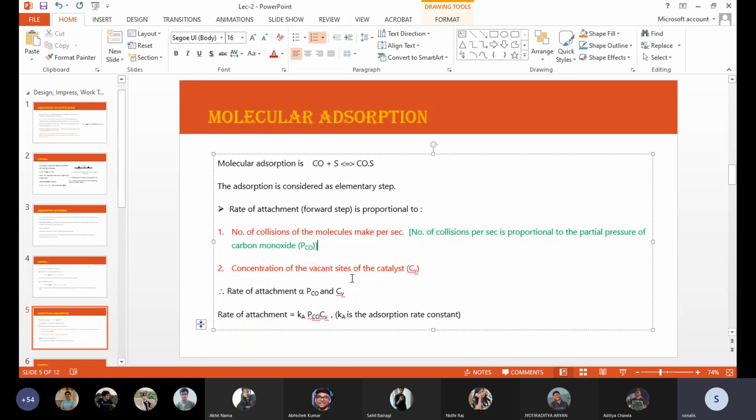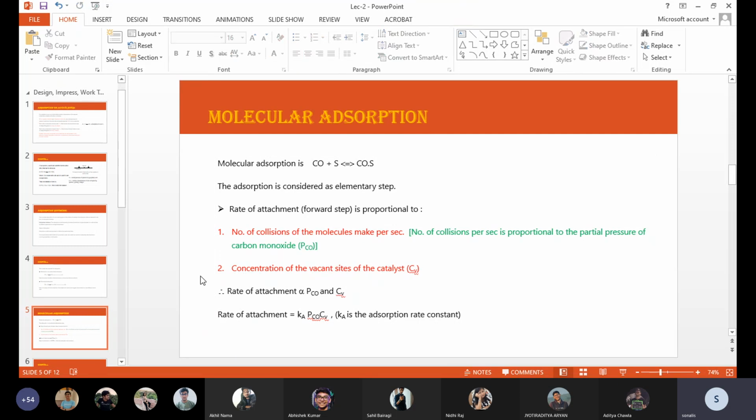Now, the rate of attachment also depends on the concentration of vacant sites of the catalyst. The more vacant sites, the more is the chance of getting attached to the active sites. So the rate of attachment is proportional to the partial pressure of carbon monoxide and the concentration of vacant sites. So the rate of attachment is equal to ka, the adsorption rate constant, times PCO times CV.